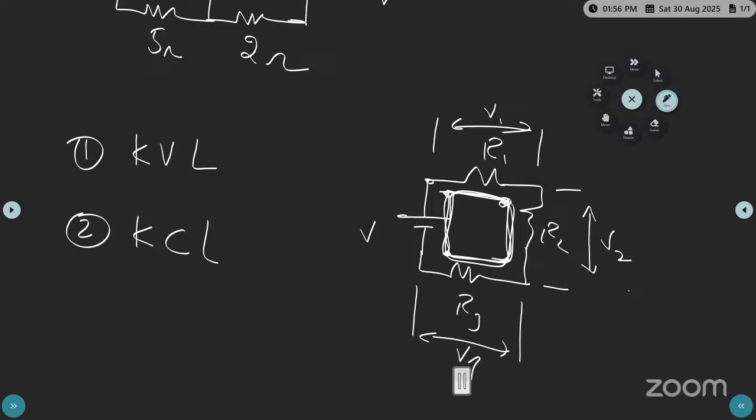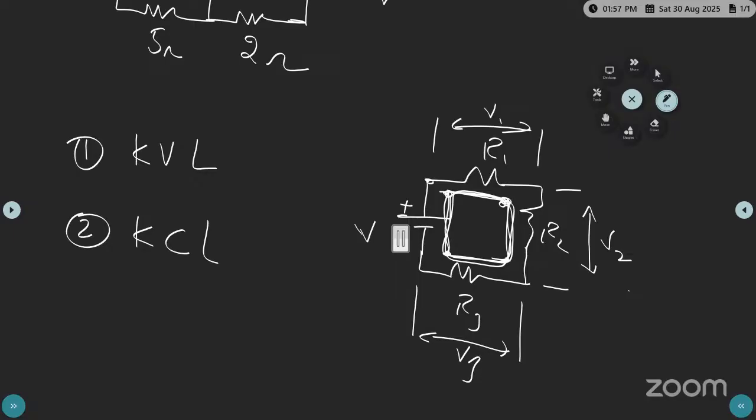If I add these voltages, V1, V2, V3, it is going to be 0.